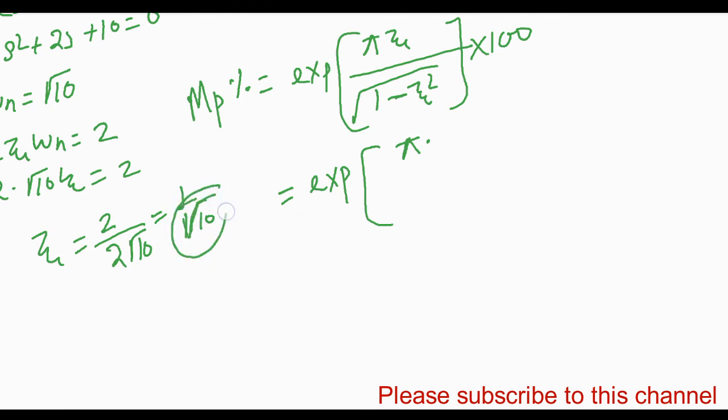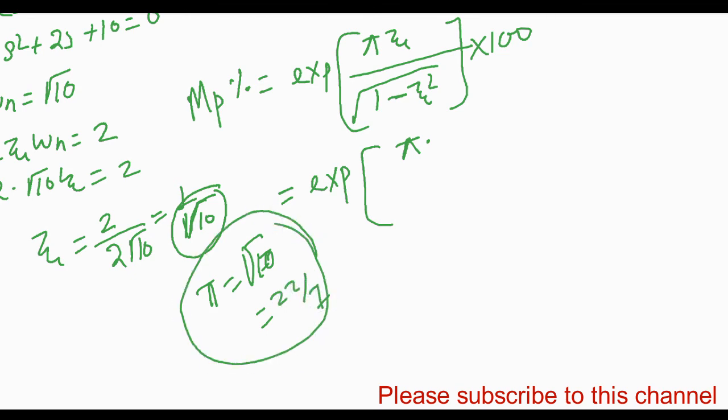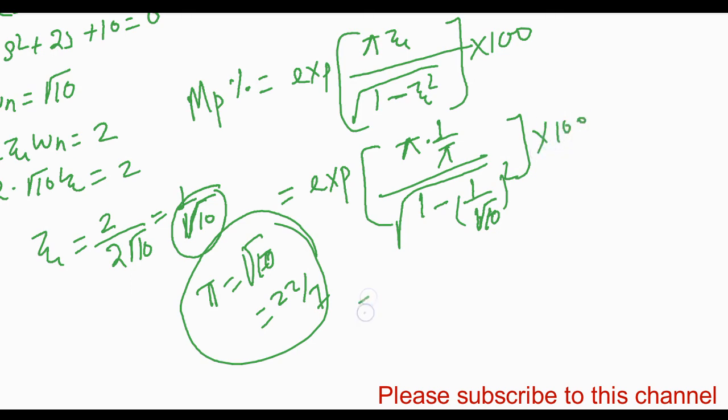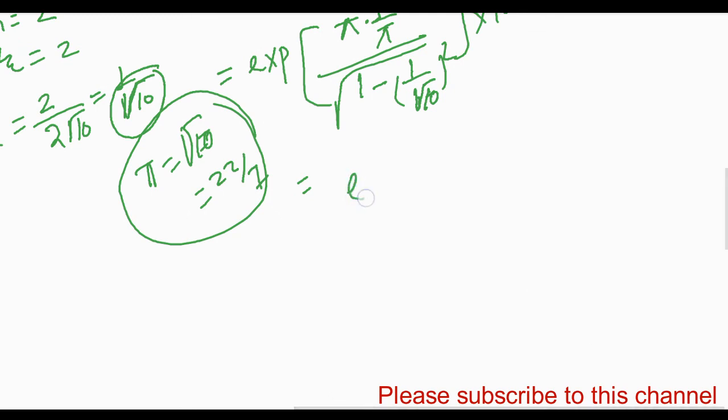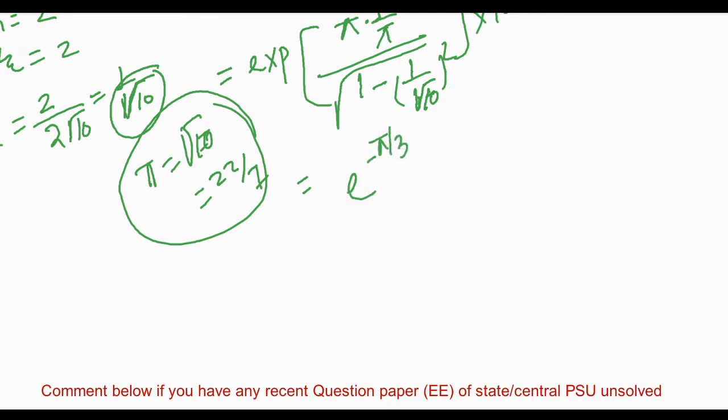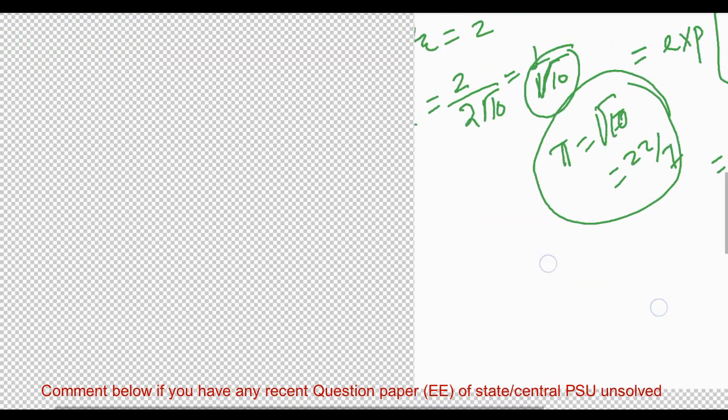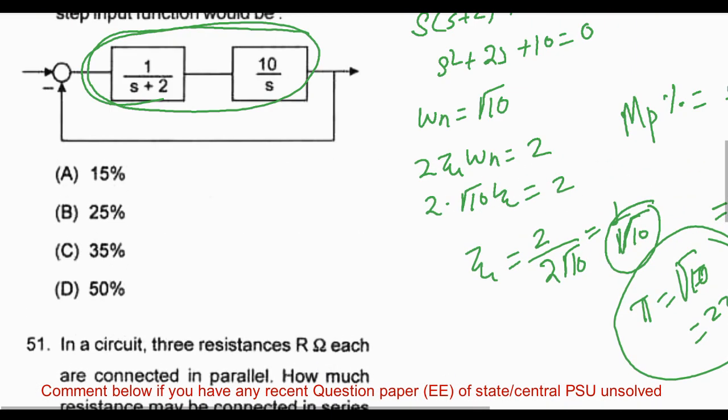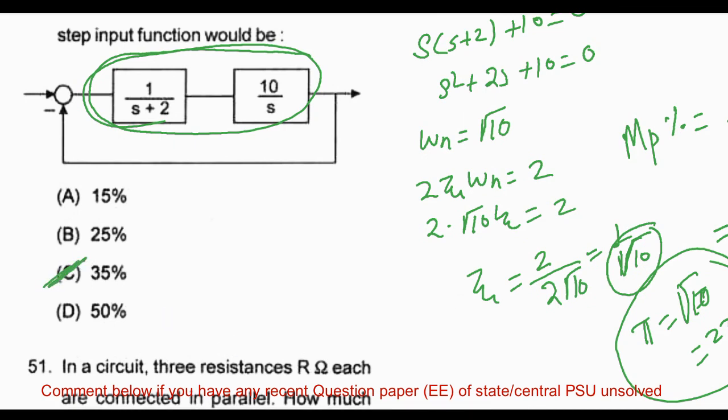Simplifying, this will be e to the power minus pi by 3, and the answer will be 35.04%. So here the answer is 35%, option C.